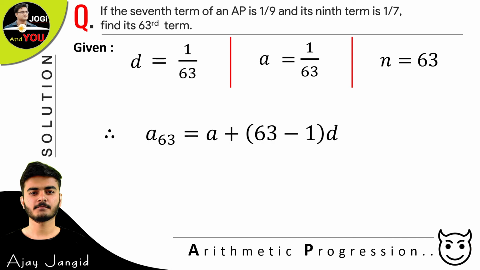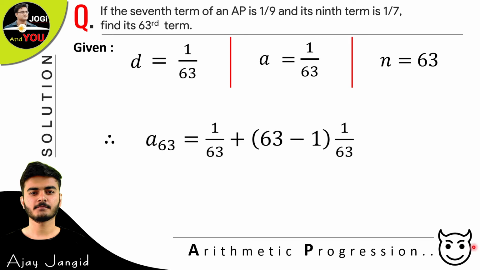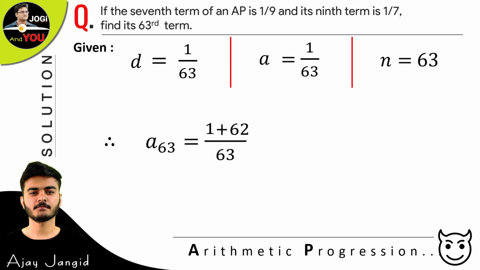Solve the bracket: 63 minus 1 means 62. After taking the LCM, we have (1 plus 62) over 63, and then we have 63 over 63. Both cancel, and then we have the value of a63, that means the 63rd term, is equal to 1.